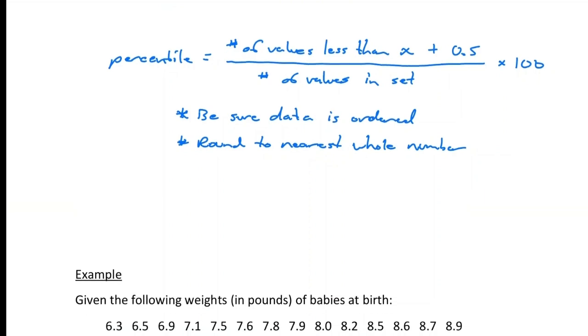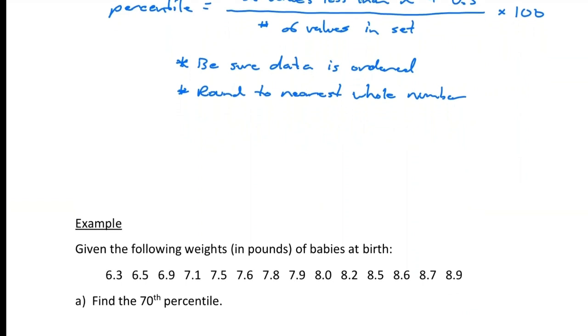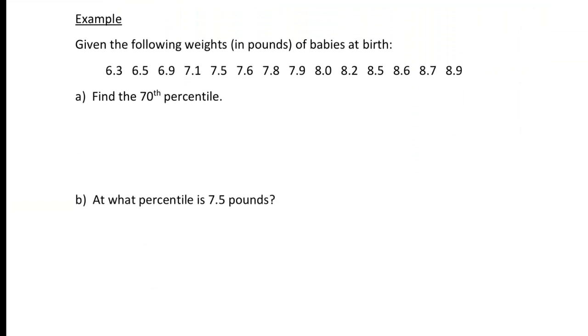So we're going to take the number of values less than x, not less than the value, add 0.5, divide by the number of values in the set, multiply by 100. So again, we're on B. At what percentile is 7.5 pounds? So here's 7.5 pounds. So that's our x. So we want to know how many values are below 7.5. And in this case, there are 4 of them.